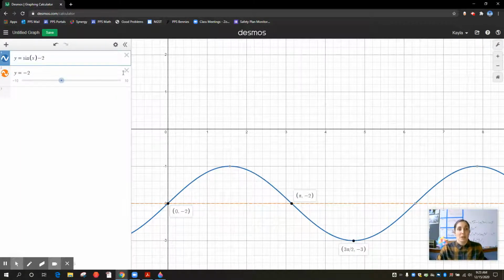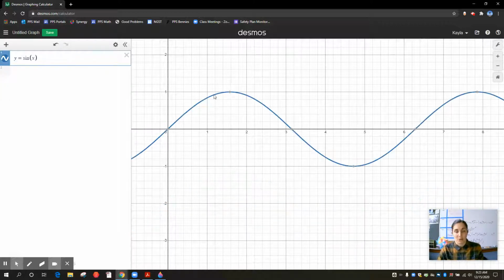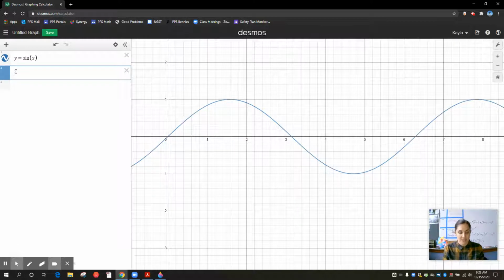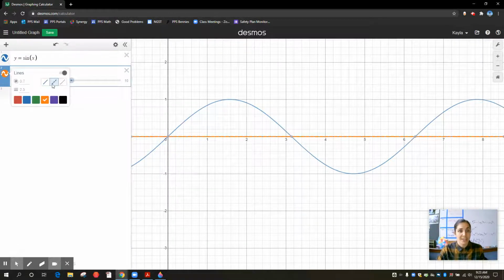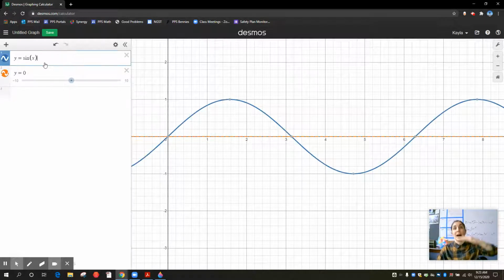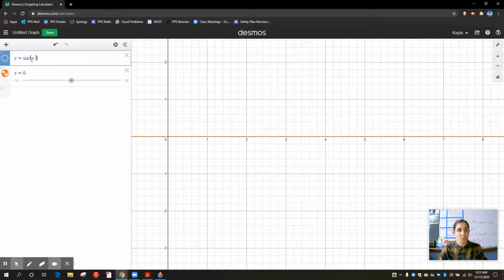Great. Our other vertical transformation is a change in the amplitude, or the heights of the graph. Keep my midline there just for fun. We know that if I multiply my function by 2, that's going to cause a vertical stretch.